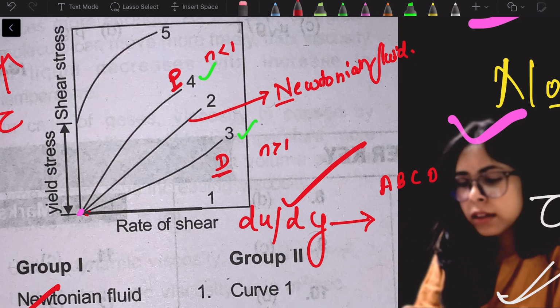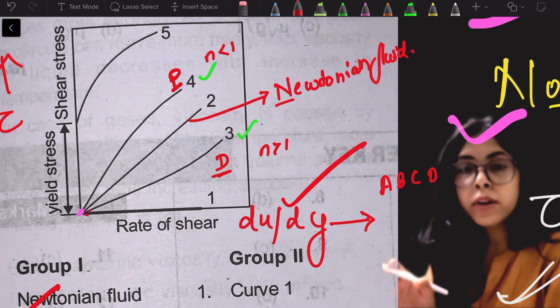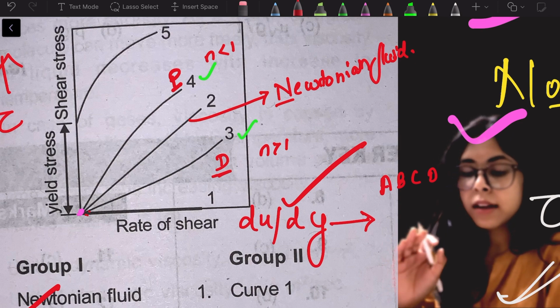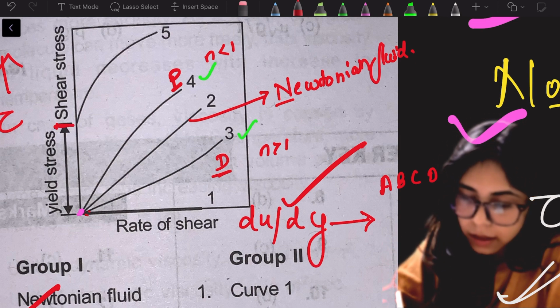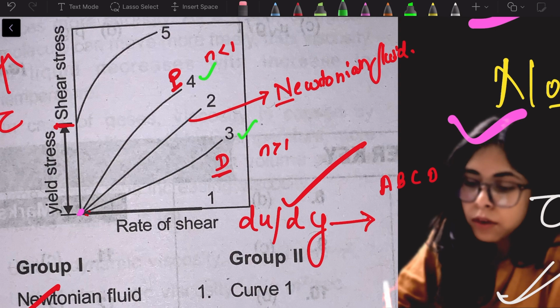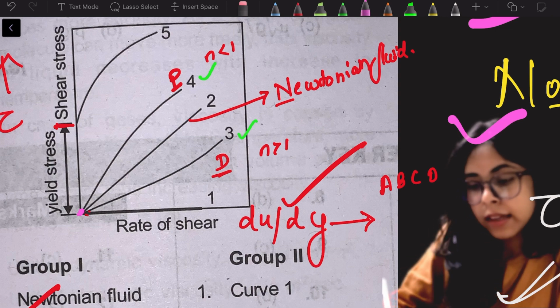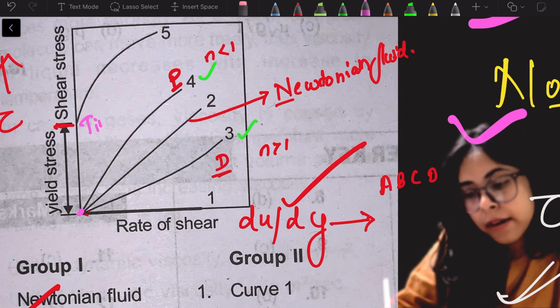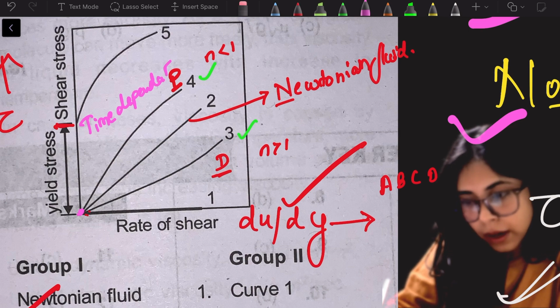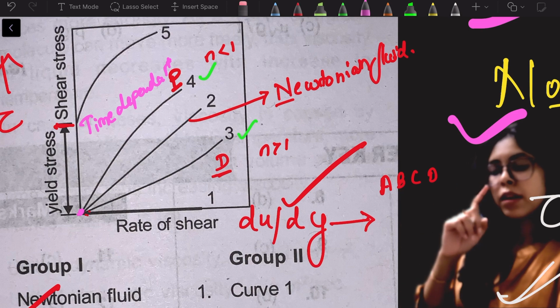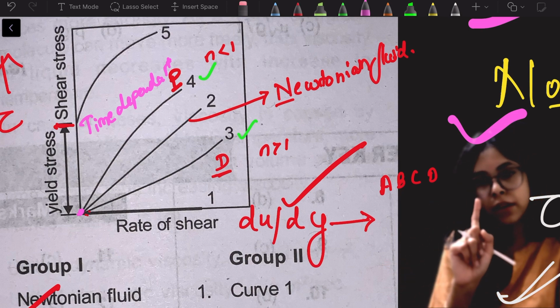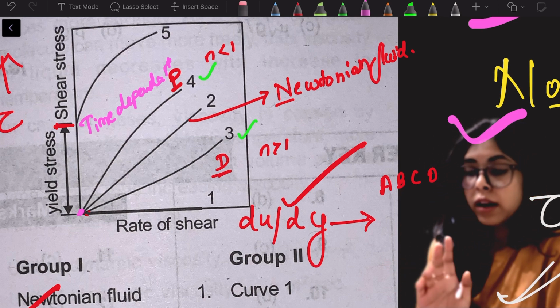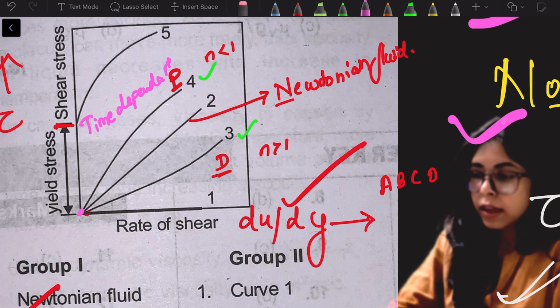Now, till now what we have discussed, if there is shear stress, we call that fluid time dependent, right? For time dependent, we are having Bingham plastic, that will be straight.